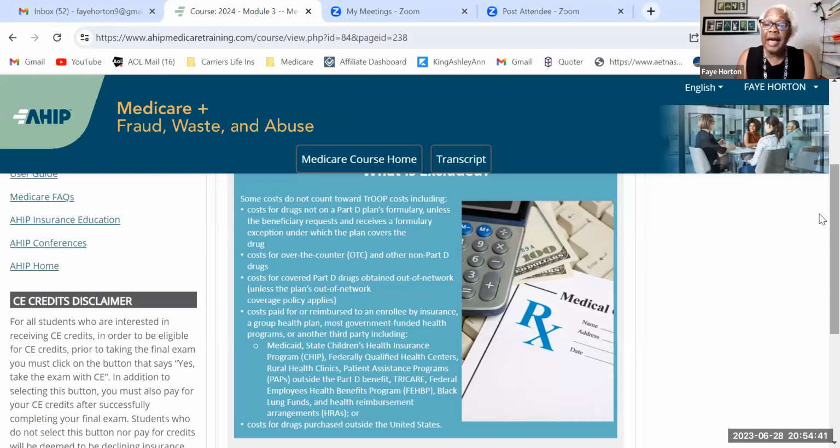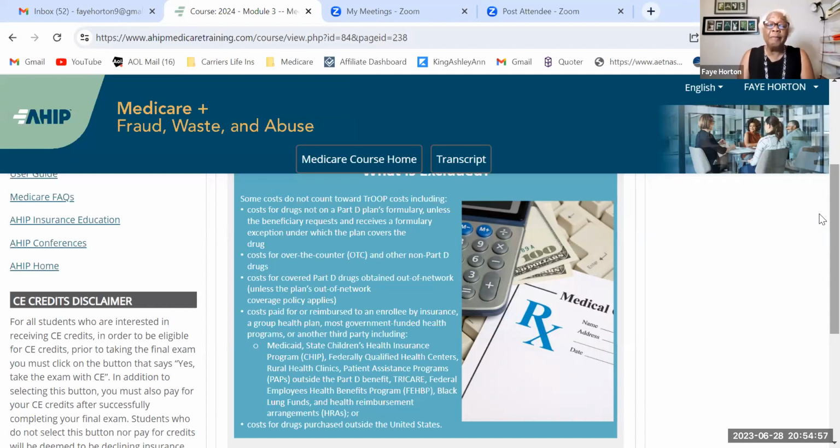Costs for over-the-counter and other non-Part D drugs. Costs for covered Part D drugs obtained out of network, unless the plan's out-of-network coverage policy applies.